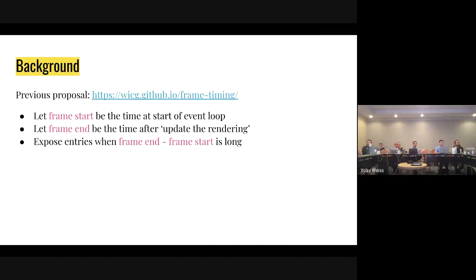And we expose a frame timing entry when the delta between those is long, where long can depend on the refresh rate of the device. Because if it's like 60 hertz versus others, then long will be different.